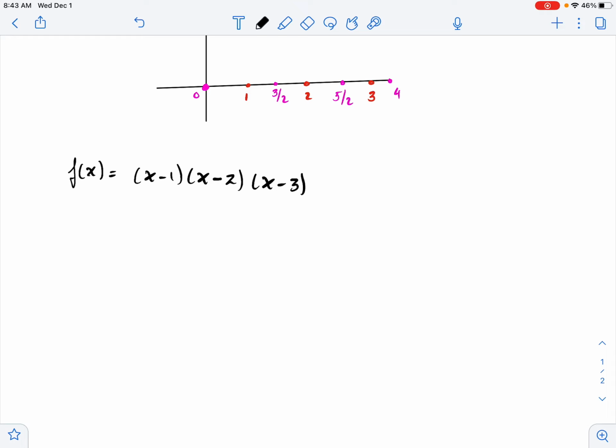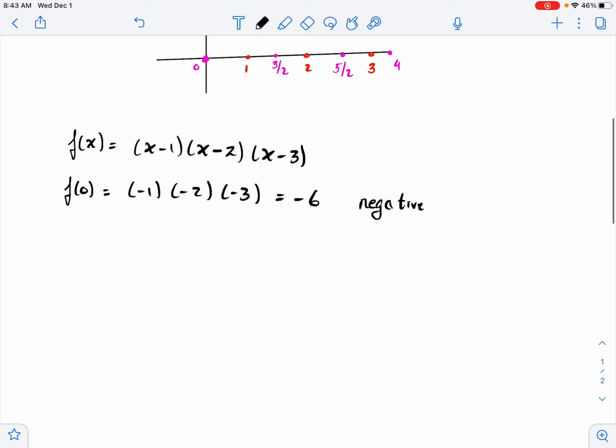First I'm going to find f of 0, to the left of my leftmost root. f of 0 will be negative 1 times negative 2 times negative 3, which is negative 6. The actual value I care less about. I care whether it's positive or negative, and clearly in this case it is negative. So my function is negative to the left of 1.